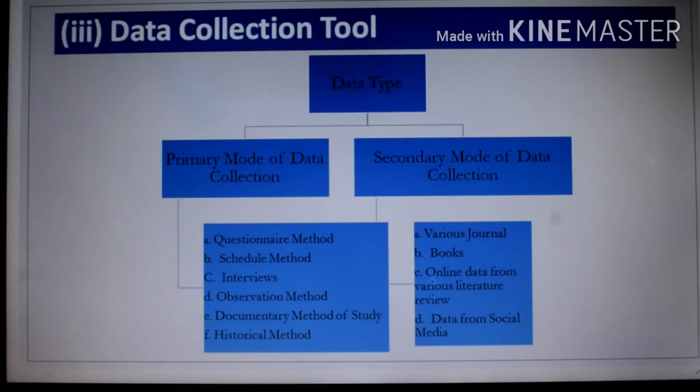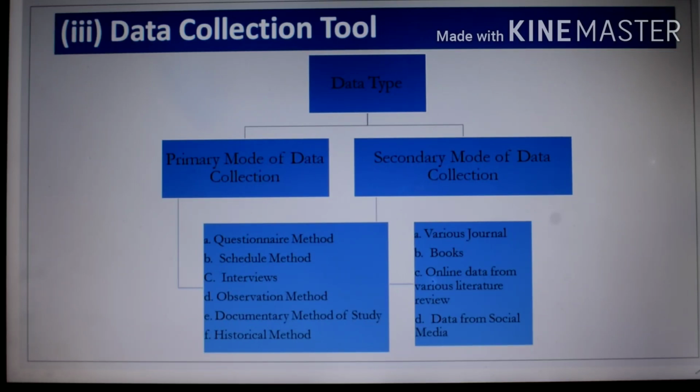Now let's talk about data collection. Data can be collected in primary mode or secondary mode. I have given examples of the primary mode in the form of questionnaire, schedule method, interview method, observation method, documentary method of study, and historical method of study.